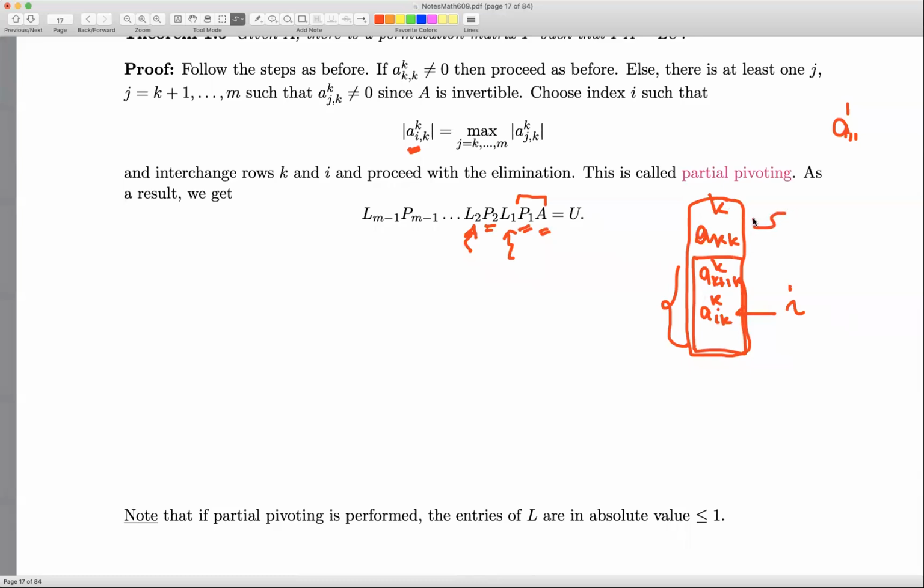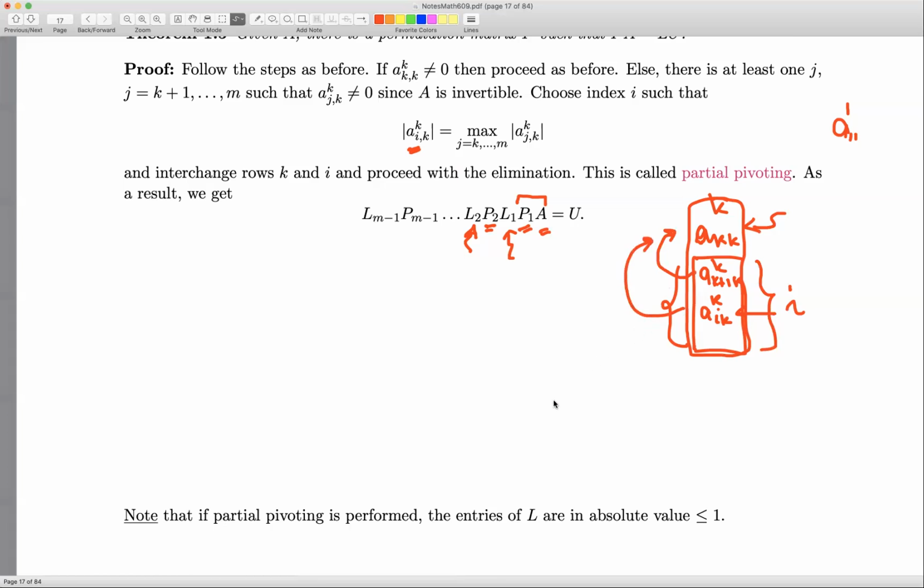That means that here we put the element that has the maximum absolute value, and everywhere else are elements which have absolute value less than or equal to the number here. Sometimes 1 or 2 rows may satisfy this condition, then we choose just one of them. And then to compute the numbers L, we divide this number by this number, and so on. We divide this number by that number.